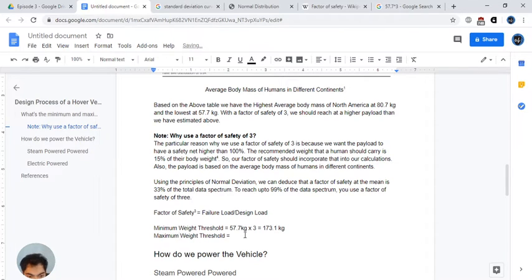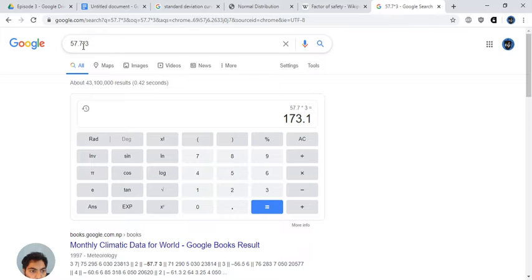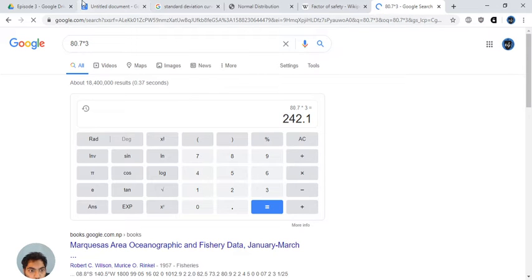Equal to maximum weight threshold, we're at 80.7 kg multiplied by 3 is equal to 242.1 kg.